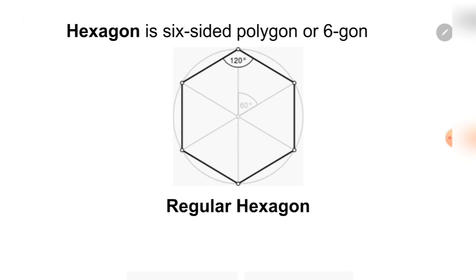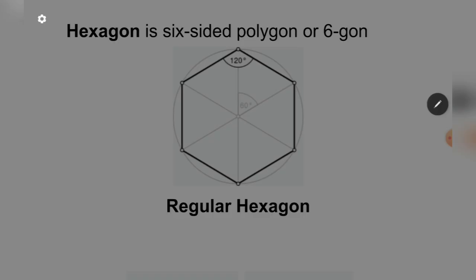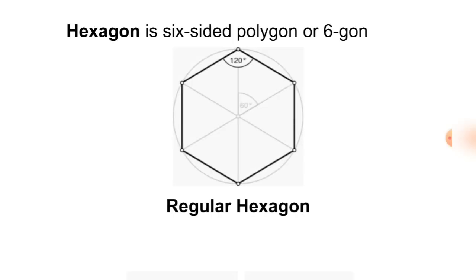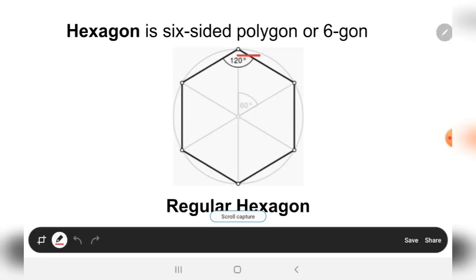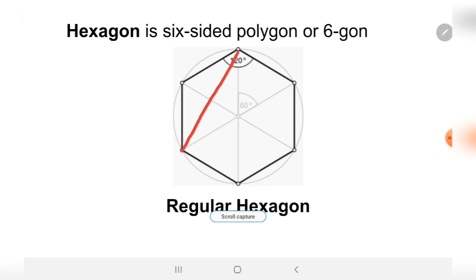hexagon. A hexagon is a six-sided polygon, or we can call that a six-gon, and each angle is 120. Why is it 120? How many triangles?